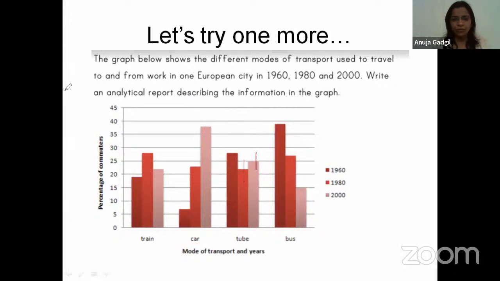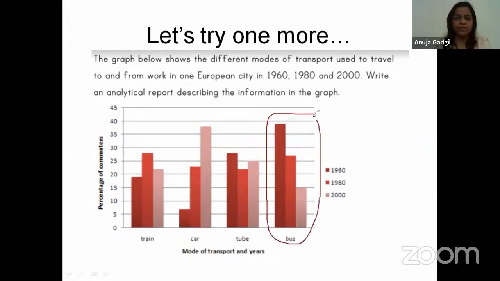If you do that, you will come up with the highest numbers and the lowest numbers. Cars were not used that much in 1960, whereas these days most of the people seem to be using cars. Then this particular ratio is reducing.